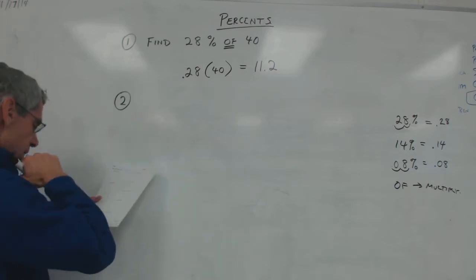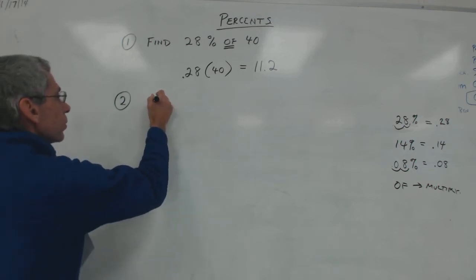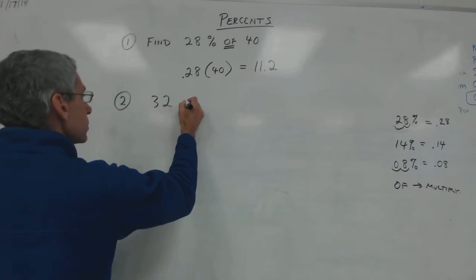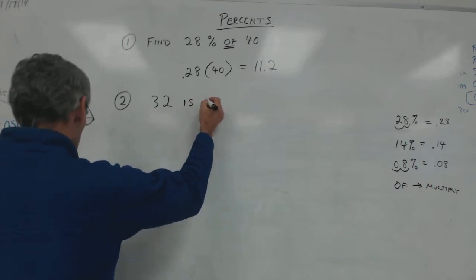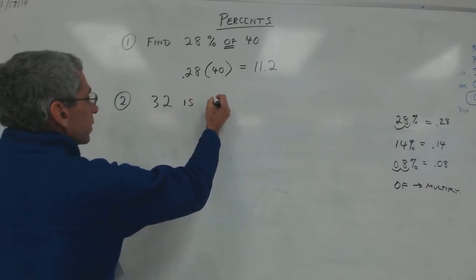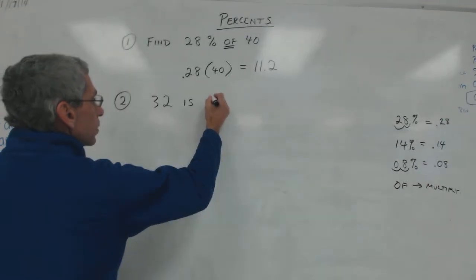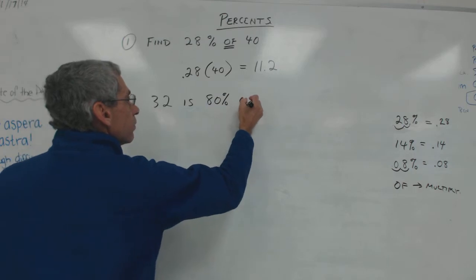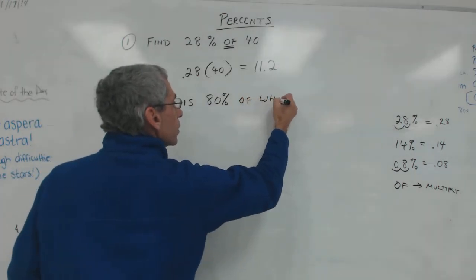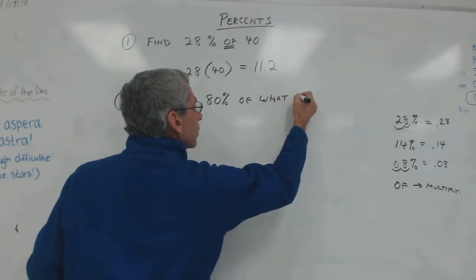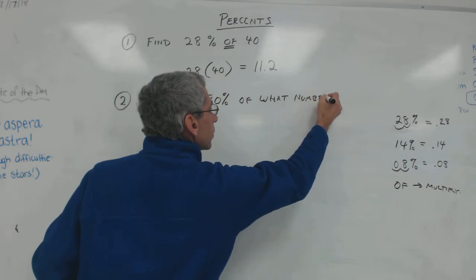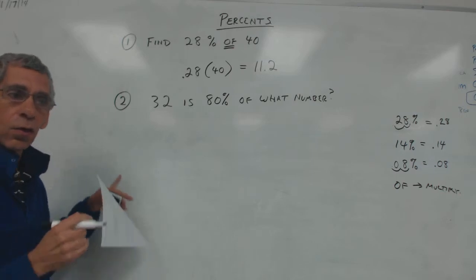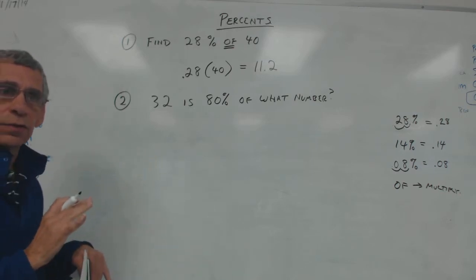Okay, how about if I gave you this? 32 is, I don't know, let's say 80% of what number? Again, you go left to right, and you write exactly what you see.